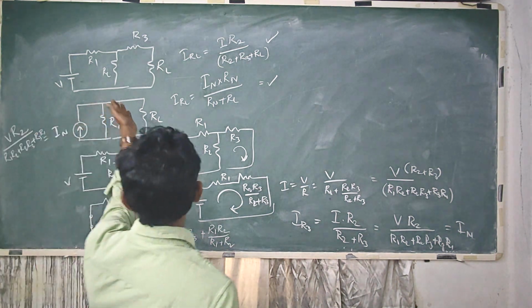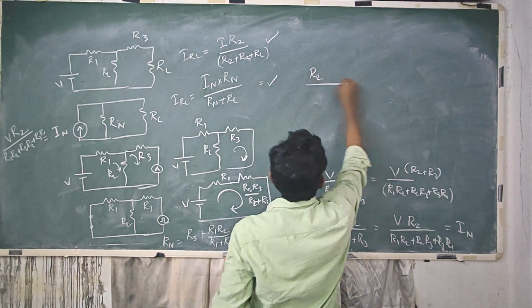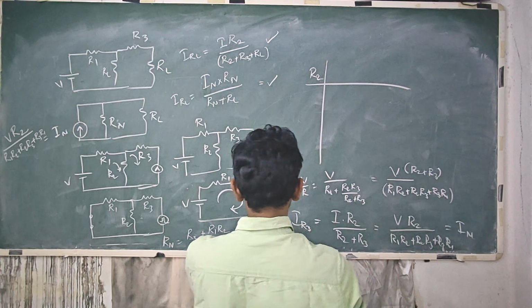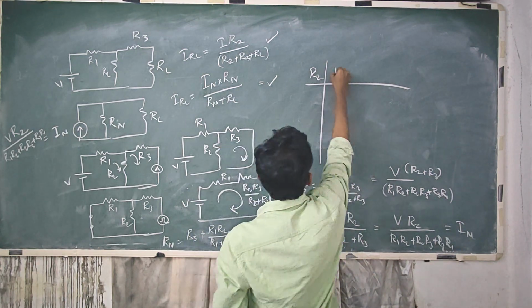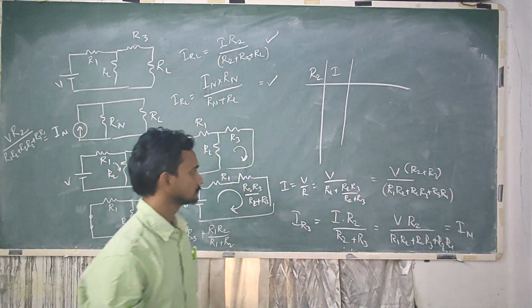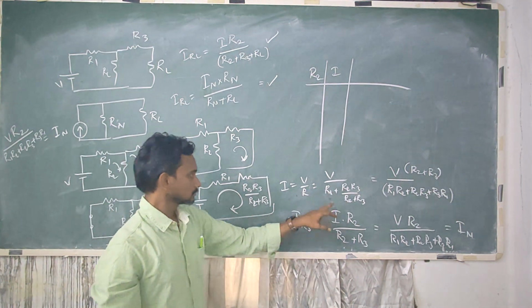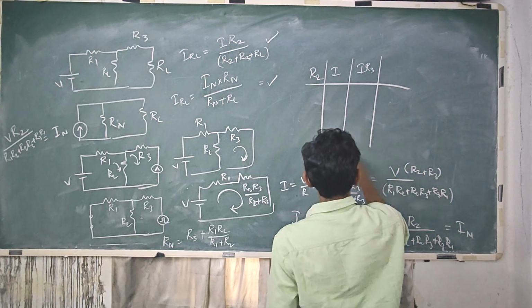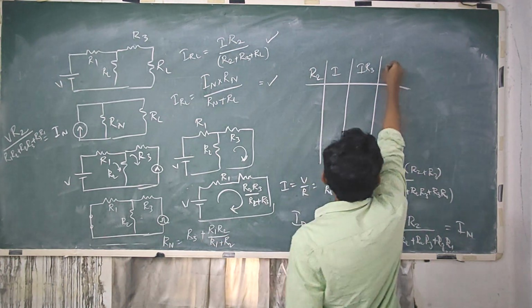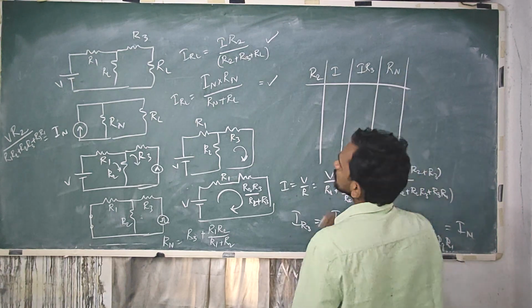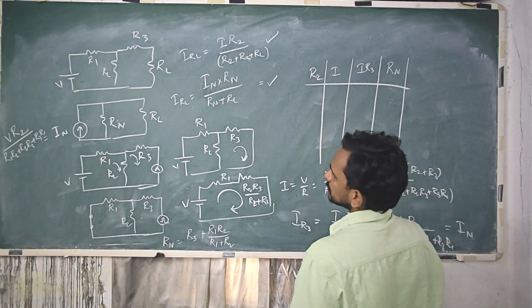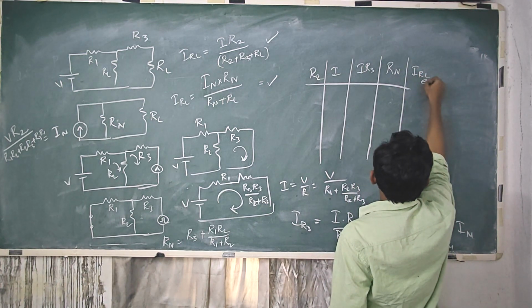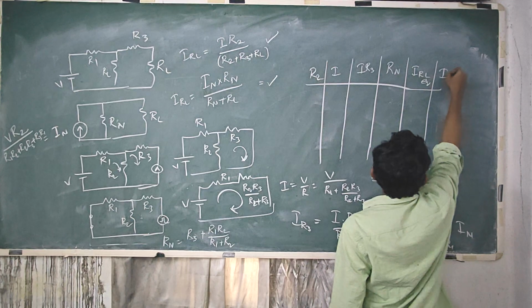So what is the table? The same R2 is a variable here. So once you vary R2, you should get corresponding I. From there I R3, then Rn, then IRL, IRL equivalent, IRL original.